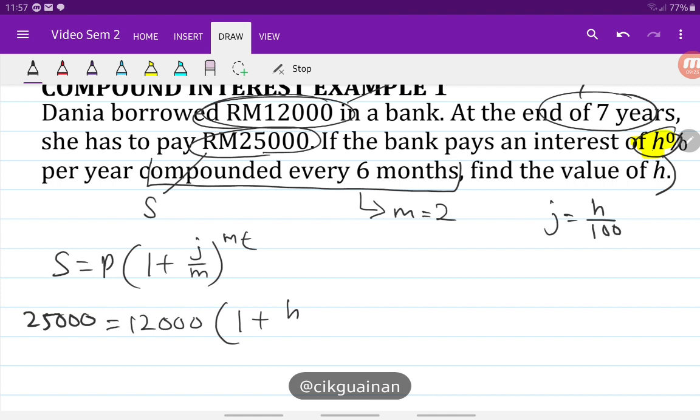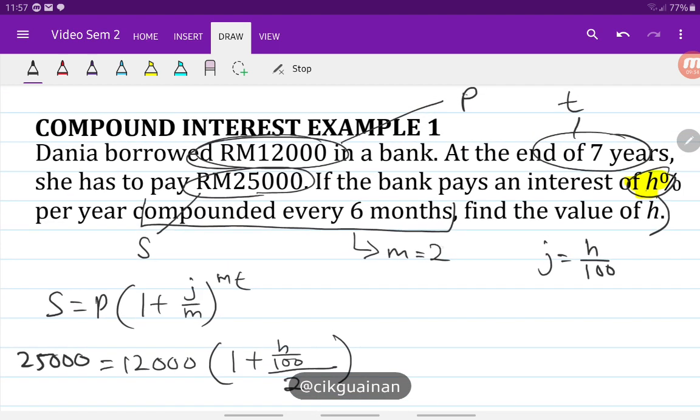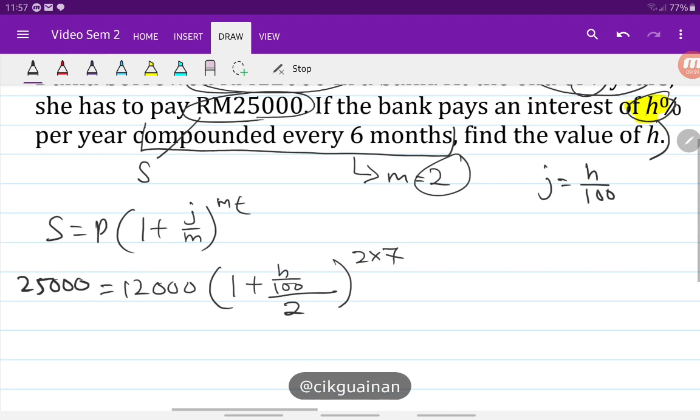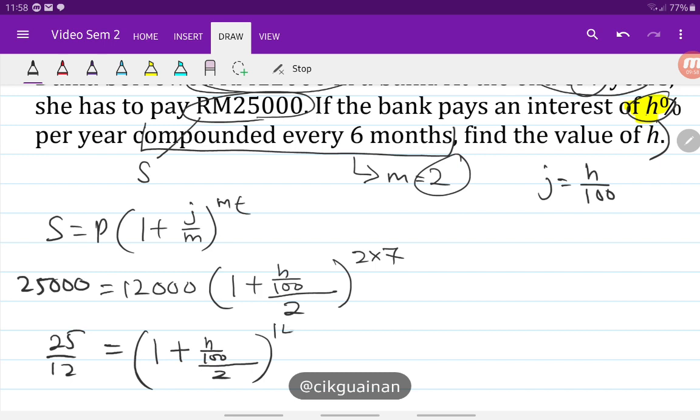So H over 100, over m, which is 2, and then mt, 2 multiplied by 7. Then 25 over 12 equals 1 plus H over 100 over 2, to the power of 14.